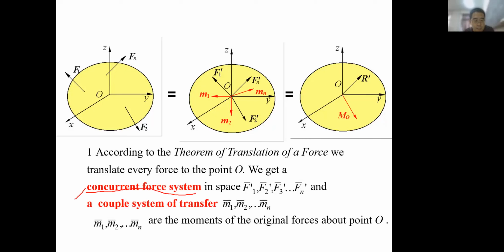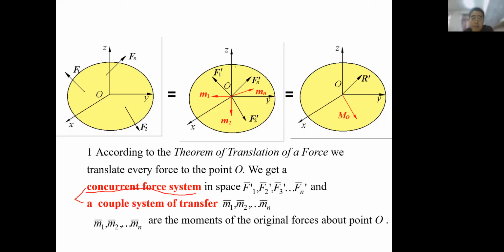So this is a very, very interesting thing, right? So we can see actually after we use this theorem of translation of a force, we can translate a general force system in space into a concurrent force system plus a couple system of transfer. Just like this.